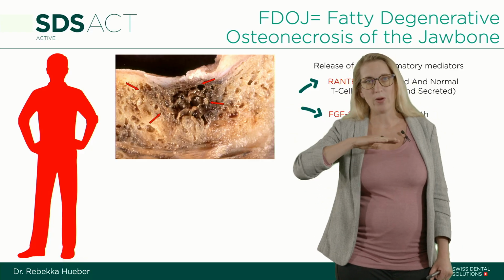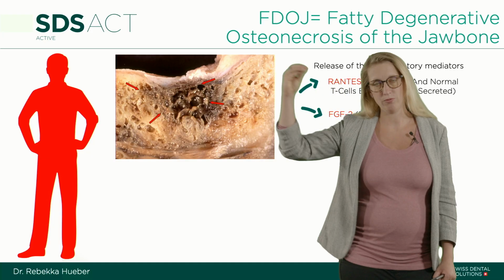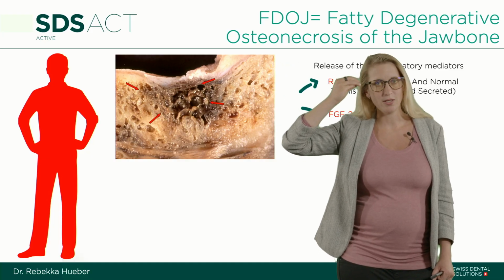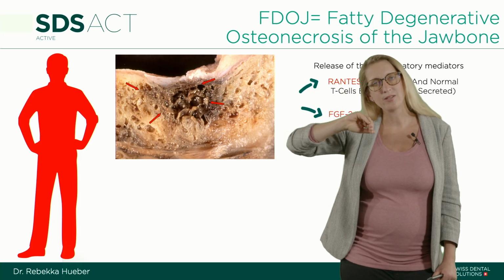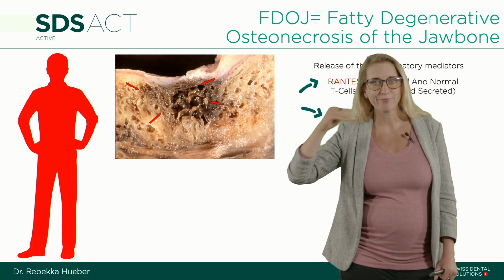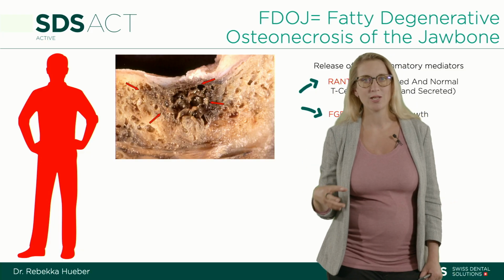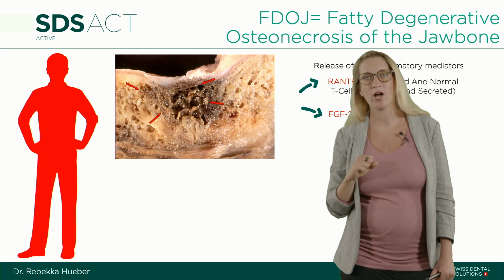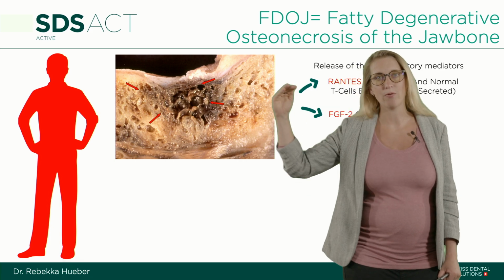In this case, when we have a constant release of RANTES, that means the body gets constant information that we have a wound, and it's constantly sending inflammatory markers and healing cells to this area. So the immune system is constantly triggered by this high RANTES.